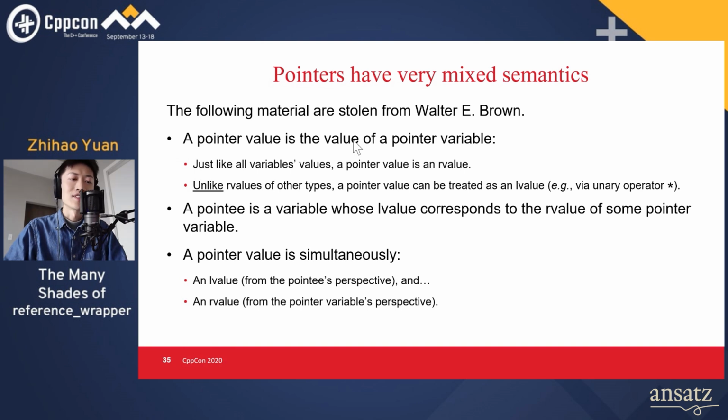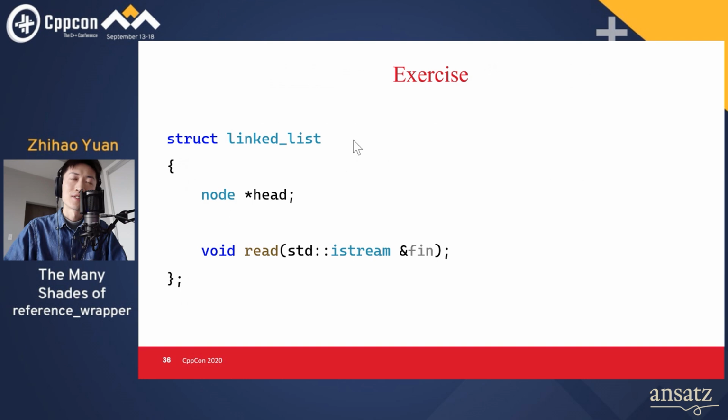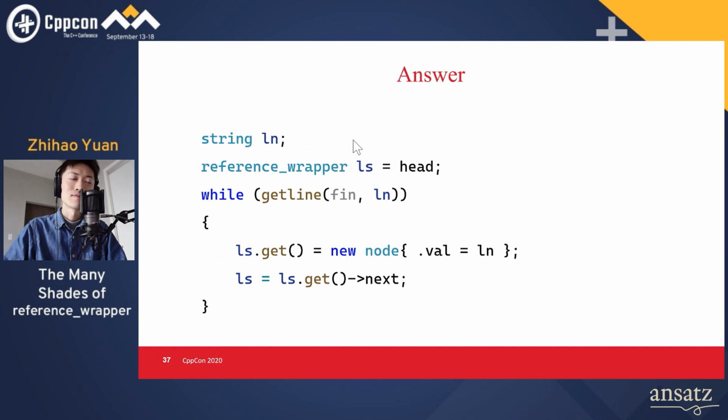Let's give this idea a little more practice. Still the linked list. This time, how do we implement a function that reads from a file, one line per node? Note that we'll be using std::getline to do this. And here's the answer.